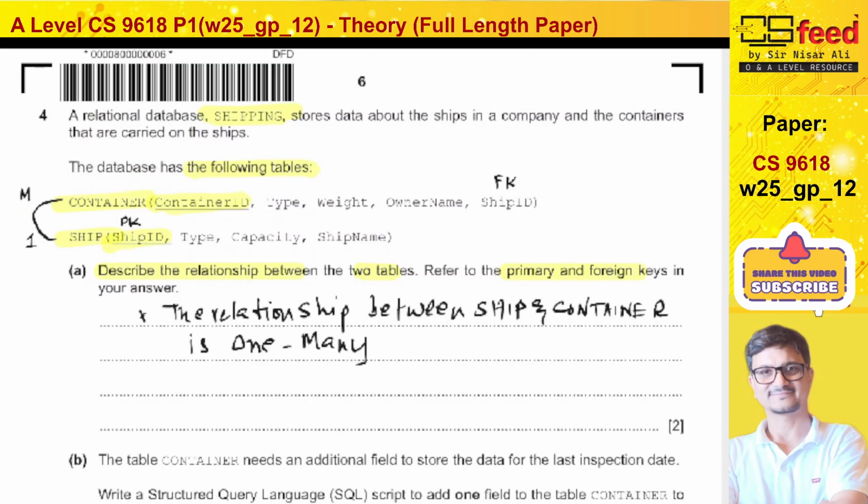It is important to write the names of the tables in the sequence matching the relationship type that you are writing. If I'm writing one to many, ship is on the one end and container is on the many end. All right, so it is important. So you should write like this: one to many, or you can also refer to it like this.